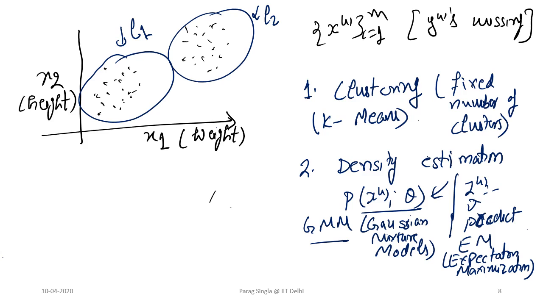In fact, we will start with k-means and slowly build on the theory to go to density estimation, and we'll see that the techniques that we study for density estimation can also be used for clustering.